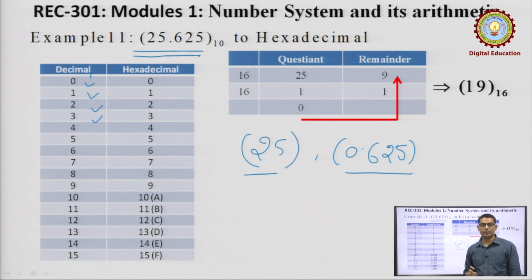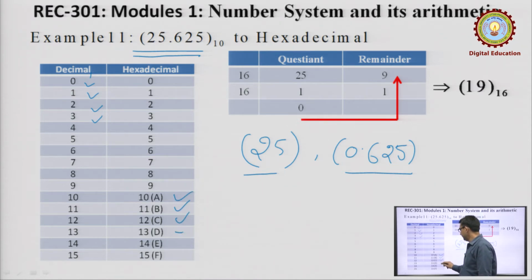The hexadecimal number system consists of 10 digits and 6 characters, and the 6 characters are A, B, C, D, E and F. We have to keep all these things in mind.